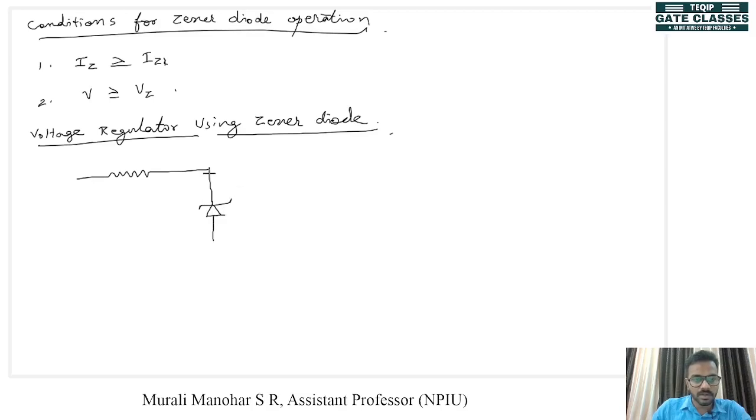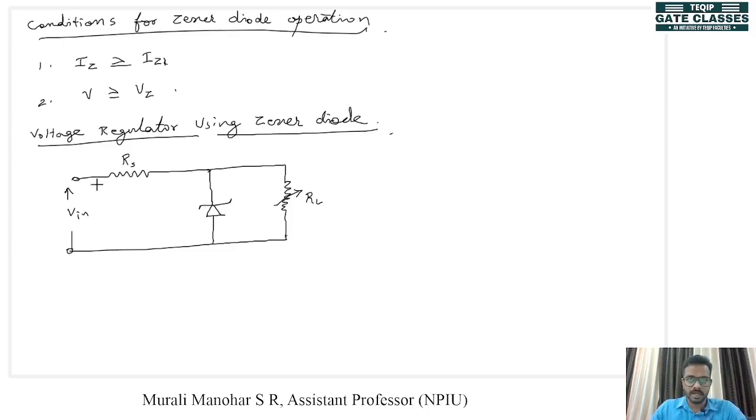Here is our Zener diode, and here we have our load, and this is our input Vin, which is varying, and this is our load resistance, which is also varying. There is a resistance here called RS, and this RS is used to limit the current through the Zener diode. So here we have the source current IS, Zener current IZ, and load current IL.